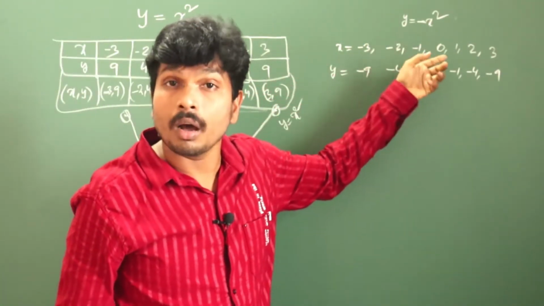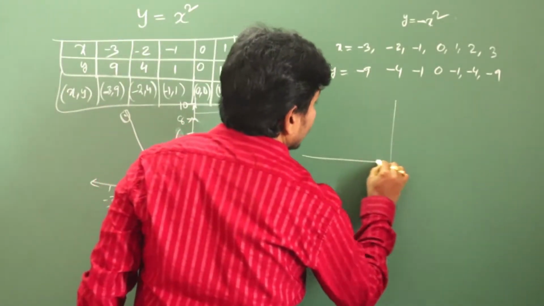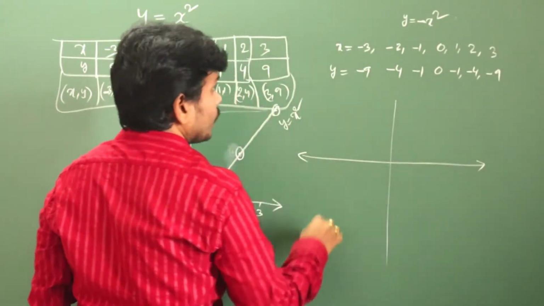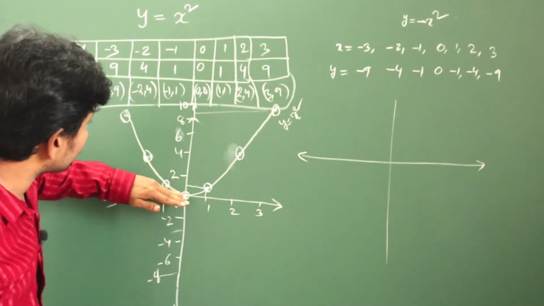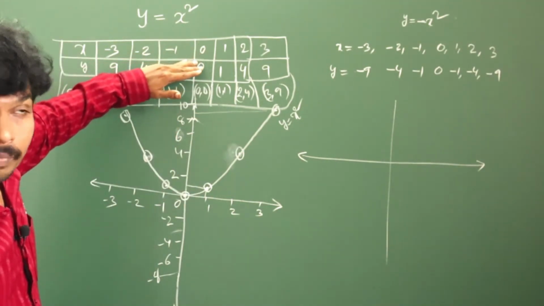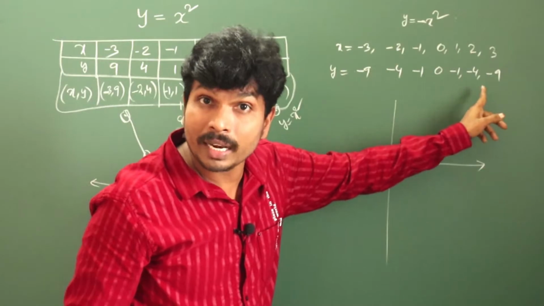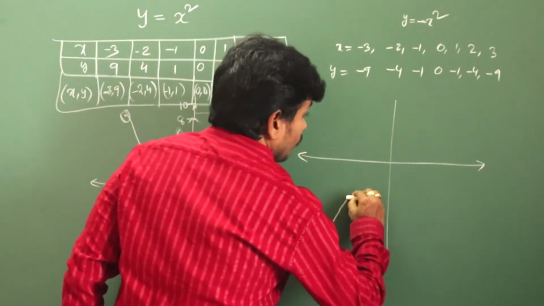Here the y values are always negative. So when you draw the graph here, all y values are positive, that's why the graph opens upwards. But here your y values are all negative, so plot the same way and your graph comes like this.